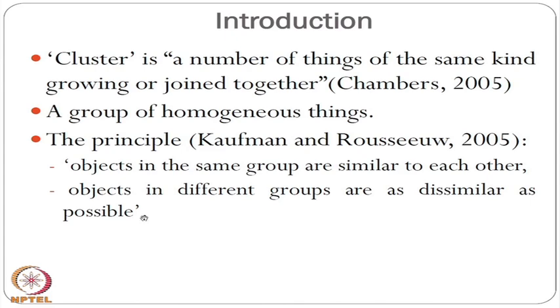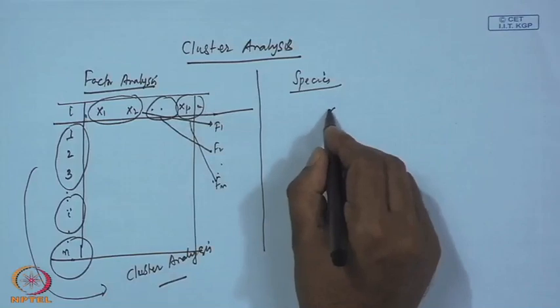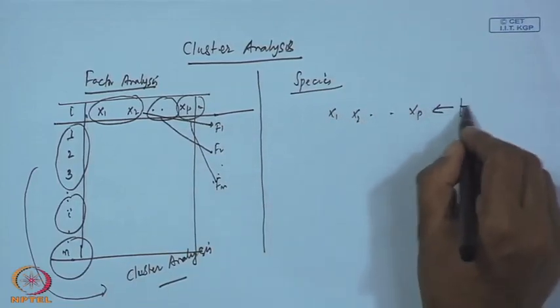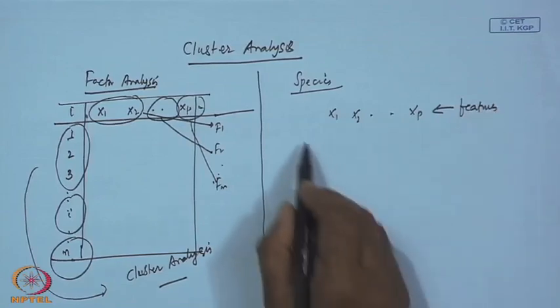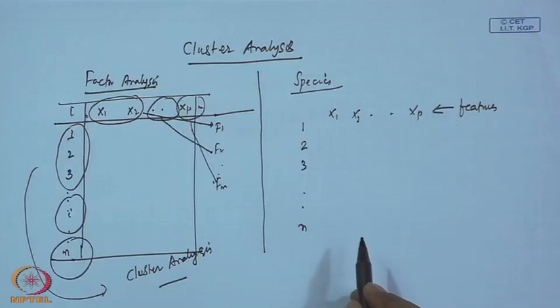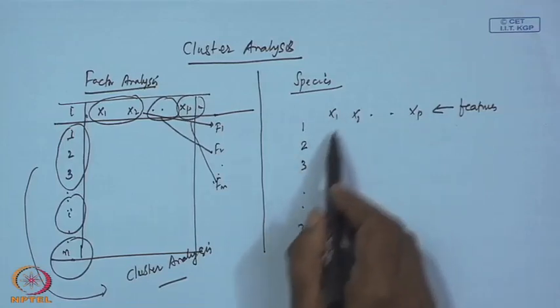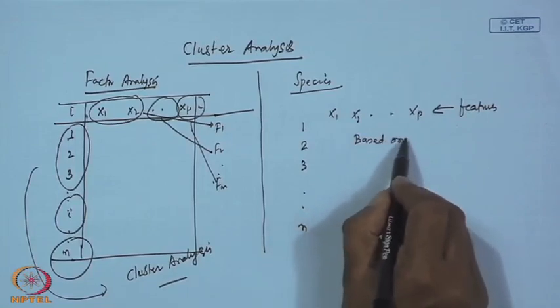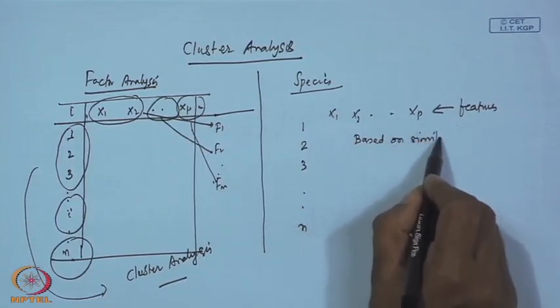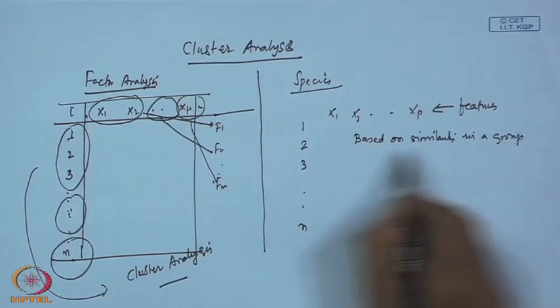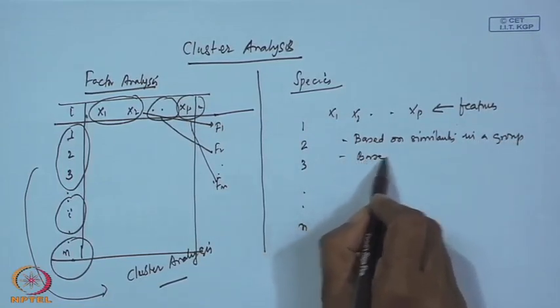That means essentially what we are saying is, clustering is based on certain characteristic features like x1, x2 to xp. These features will be used to group several items or objects, and the grouping is based on similarity in a group and based on dissimilarity between groups.